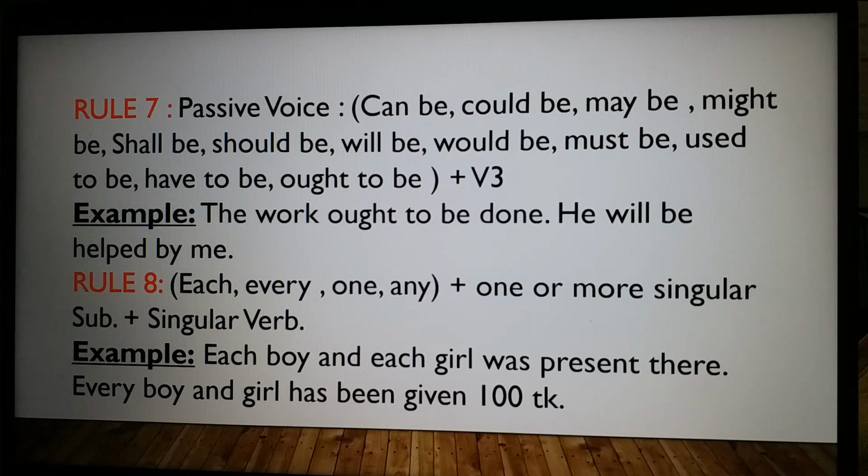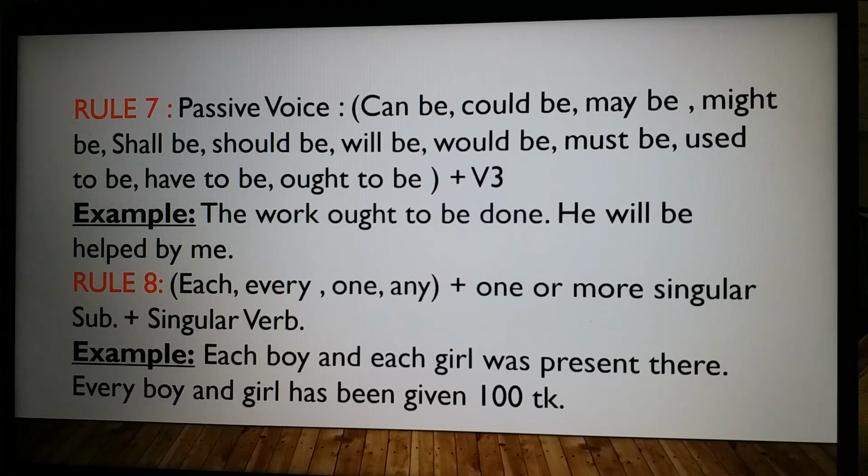Rule 8. Each, every, one, any plus one or more singular subject plus singular verb. If you see that the subject begins with every, each, one or any, and the noun with them is singular or plural, you need to use the verb in singular form.